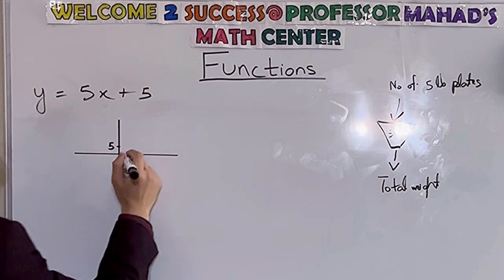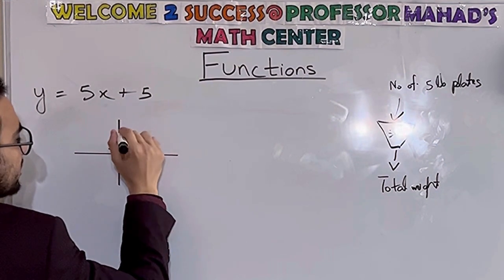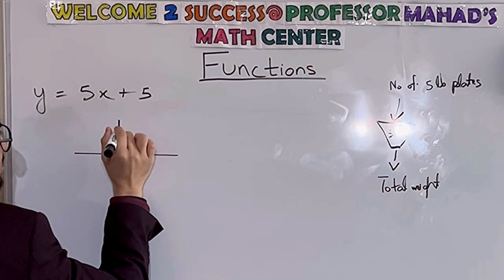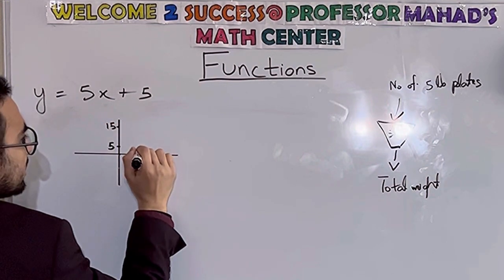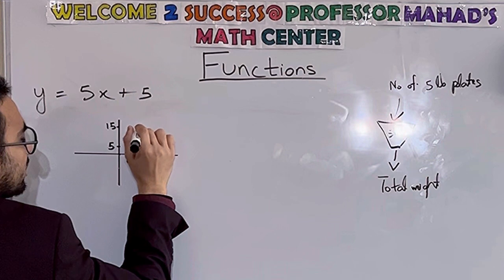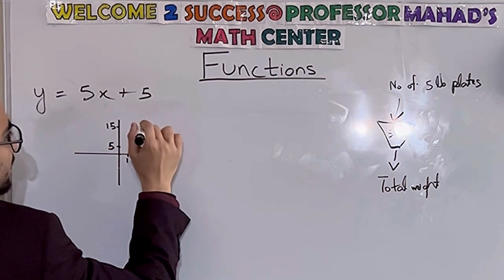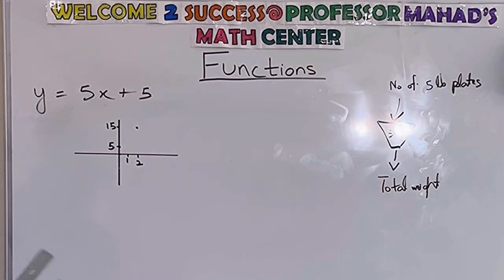And then we had 2 plates with a weight of 15 pounds, right? And then so on. It goes 2 plates, 4 plates, right?